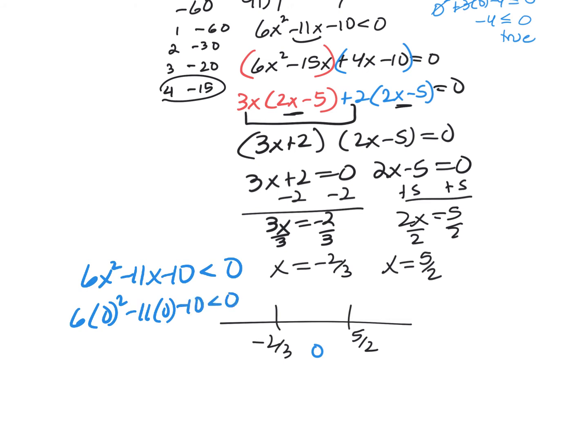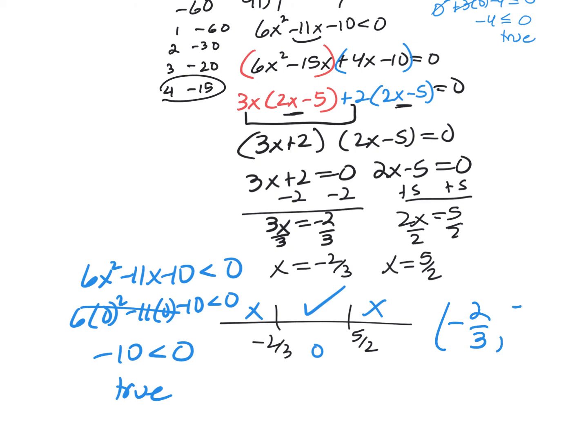So really all you're doing is comparing negative 10 to see if it's less than 0, which is true. So check, x, x. So the final answer in interval notation, because it was a simple less than, is a pair, there's two solutions. It's the interval notation of negative 2/3, comma, 5 over 2.